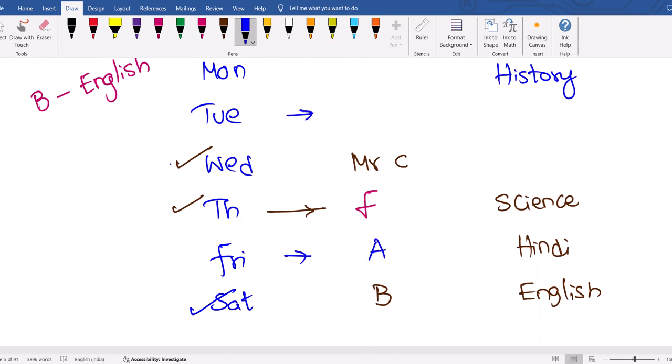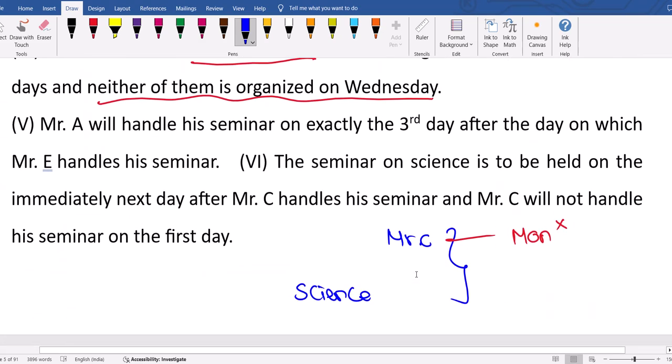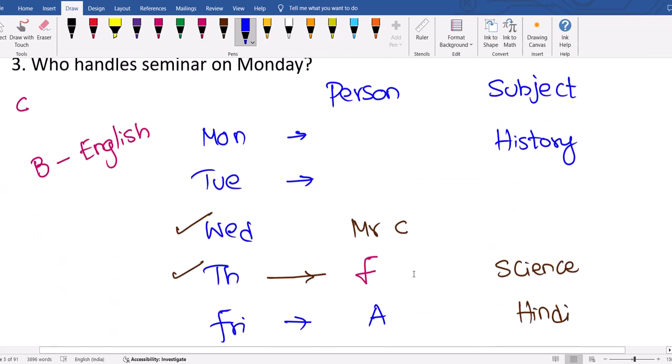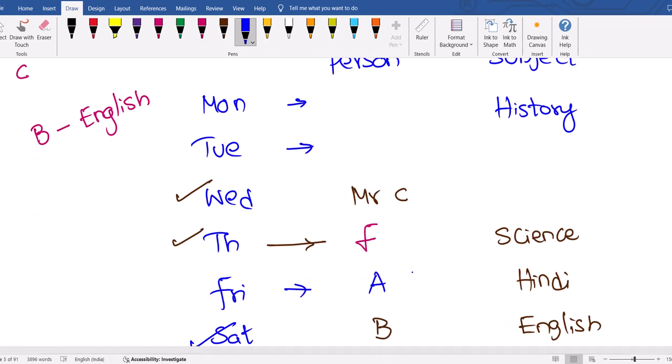Then who is on Tuesday? Tuesday or Monday? E is for Tuesday or Monday, which one? E here, after one day C, after second day is F, third day is A. People may have doubt whether E is on Tuesday or Monday. Please read that question carefully.